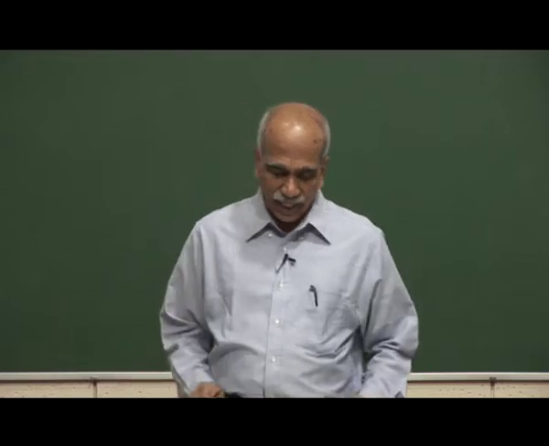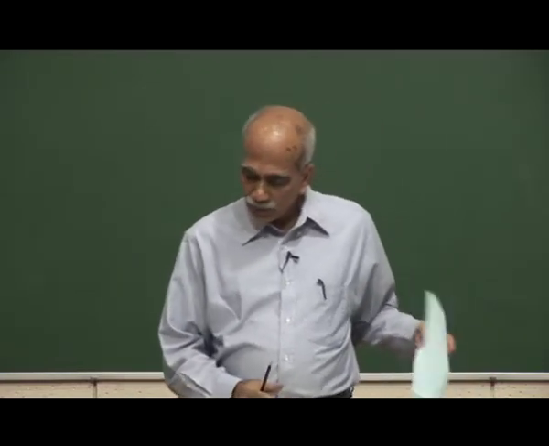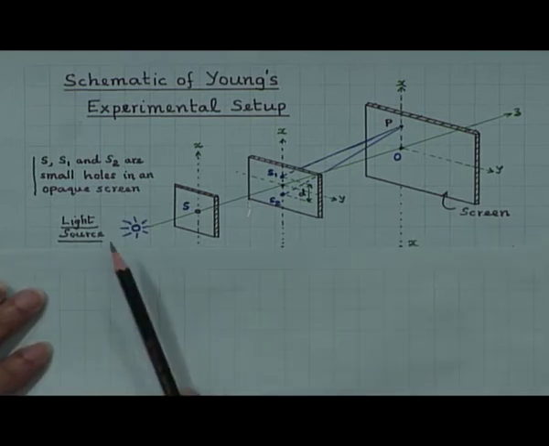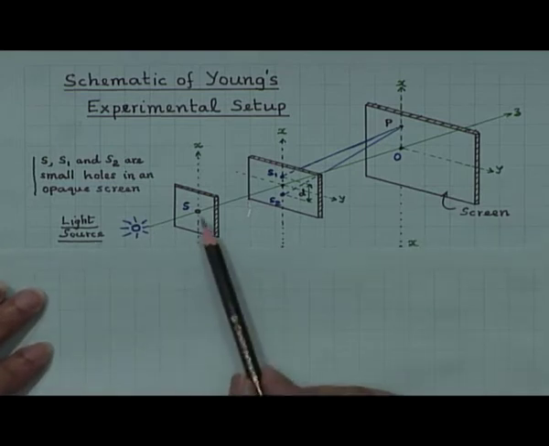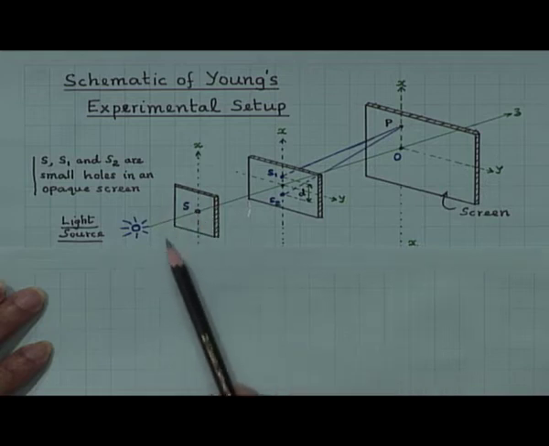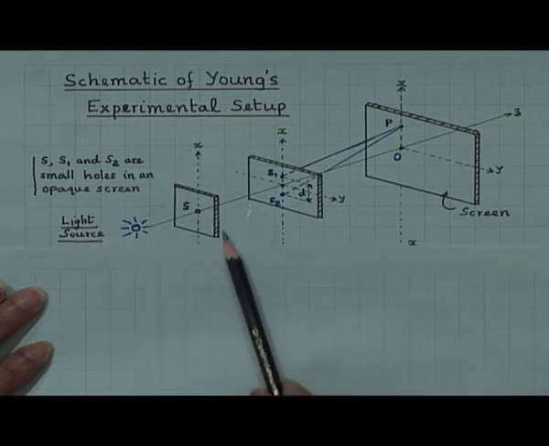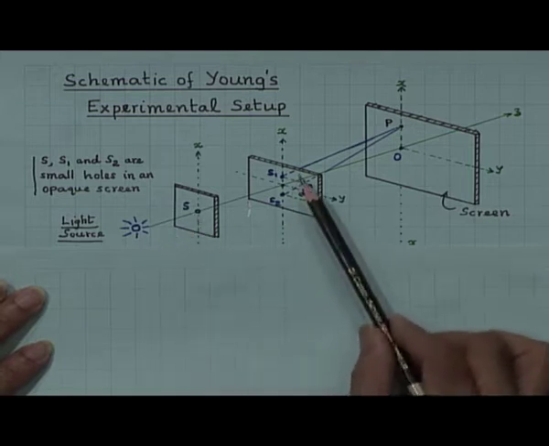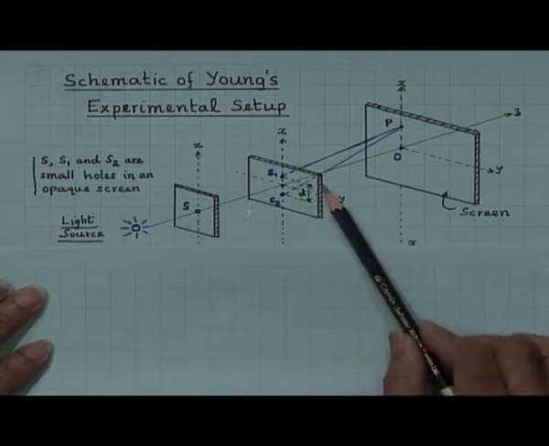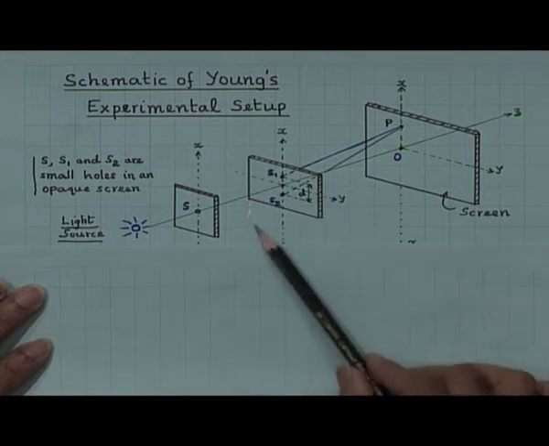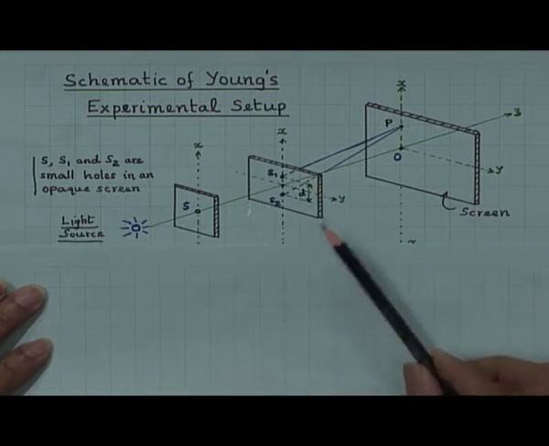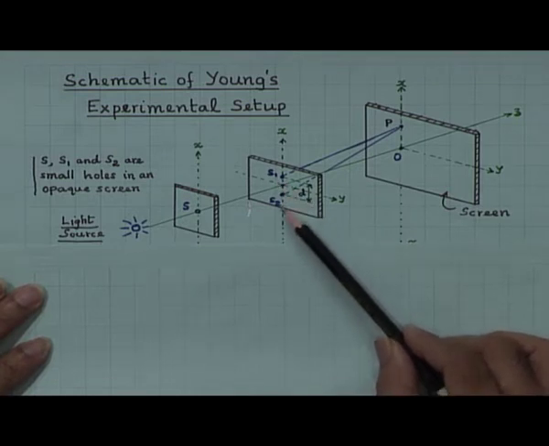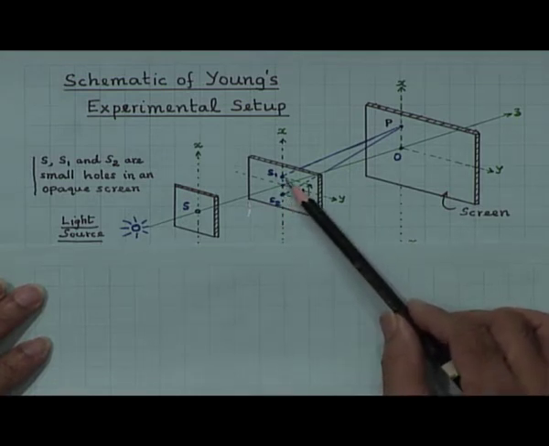So, here is the Young's experimental setup. First we see that the experimental setup comprises a source. There is an opaque screen in which there is a small hole or aperture, and then there is a second screen, a second plate or cardboard, where you have two small holes S1 and S2, two small apertures.